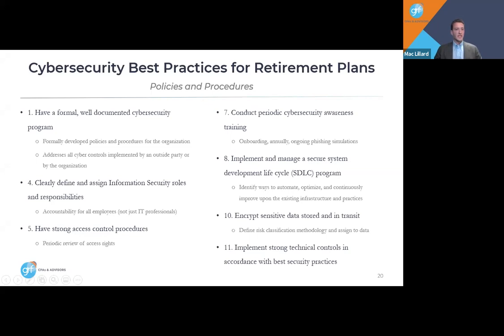So moving into the next point, number 4, is clearly defining and assigning those information security roles and responsibilities. This also kind of builds on that first bullet point, in that this is something that should be explicitly outlined within your policies and procedures, outlining the segregation of duties within the IT department, defining who's going to be responsible for managing the relationship with the managed service provider, with the third-party administrator, and periodically reviewing the controls implemented by those organizations.